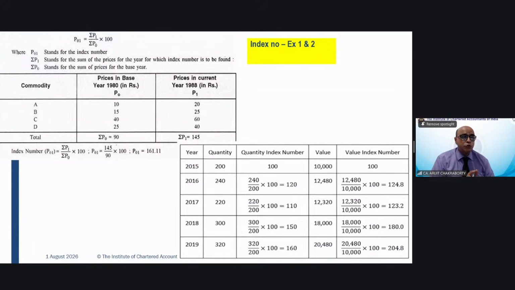Let us assume 2015 as the base year. In the base year, even though we are actually consuming 200 kgs, for example, the quantity index is shown as 100. And the value, maybe we have consumed food items worth 10,000 rupees, but the value index is shown as 100.